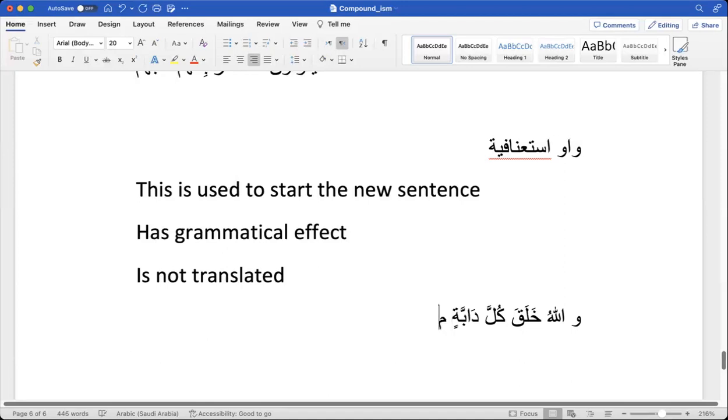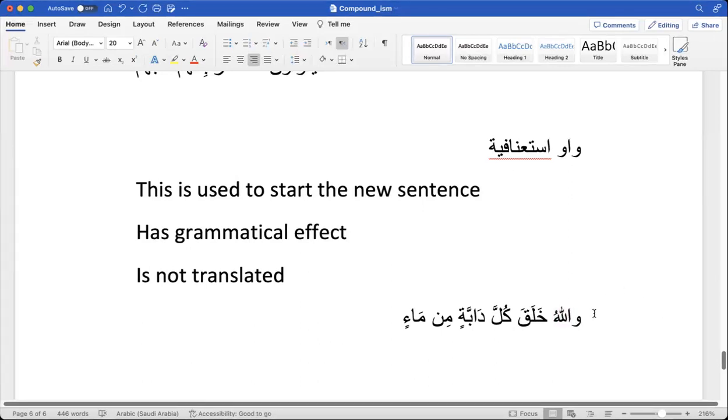It's a very common ayah. Wallahu khalaqa kulla dabbatin. You see the waw here. If it would have been Allah with a changed ending, then it was not waw istanafiya. But you see here, Allah Rabbul Jalala's ending is not getting changed. So that means this waw is waw istanafiya.